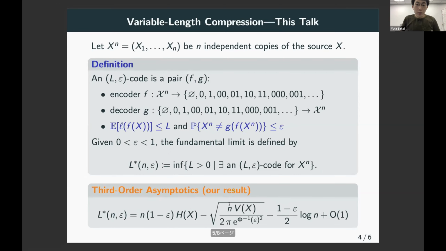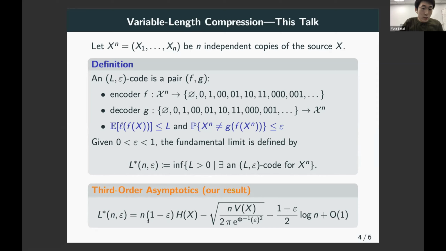And in this talk, we consider variable length compression. The encoder maps the source symbols to finite length binary strings, and we can use the empty sequence as well. Then the fundamental limit of this problem can be expressed in this asymptotic result.